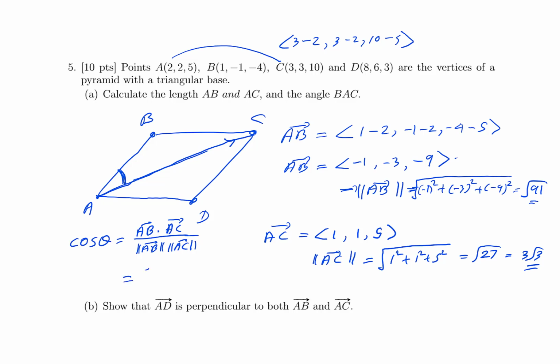That is negative 49, and the AB length we already know, that is square root of 91, and AC is 3 root 3. From this we can say theta equals cosine inverse of negative 49 divided by square root of 91 times square root of 27. So that is the theta value.